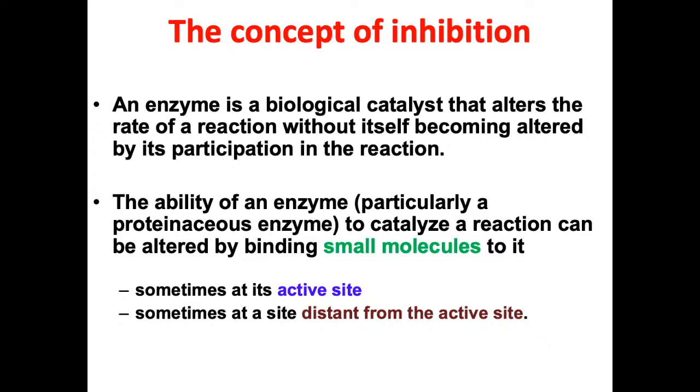Now the concept of inhibition. An enzyme is a biological catalyst that alters the rate of reaction without itself becoming altered by its participation in the reaction. The ability of an enzyme to catalyze a reaction can be altered by binding small molecules to it, sometimes at its active site, sometimes at a site distant from the active site.